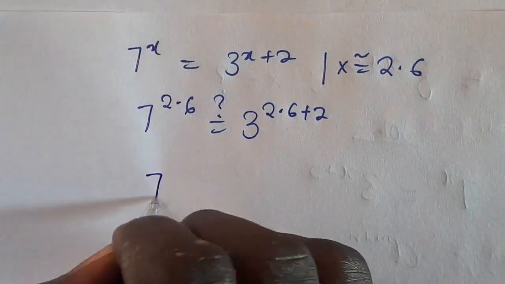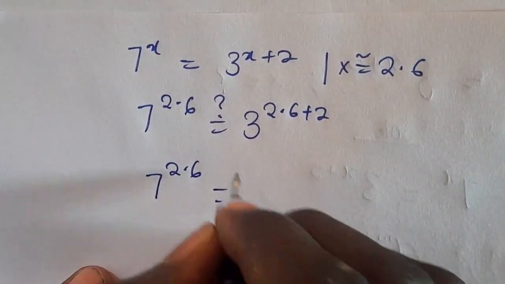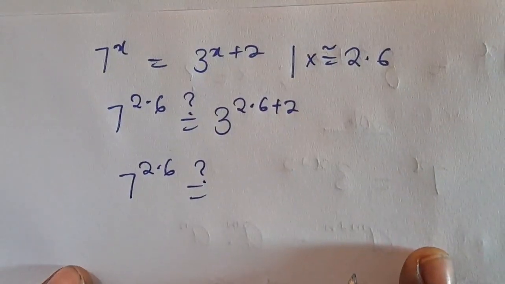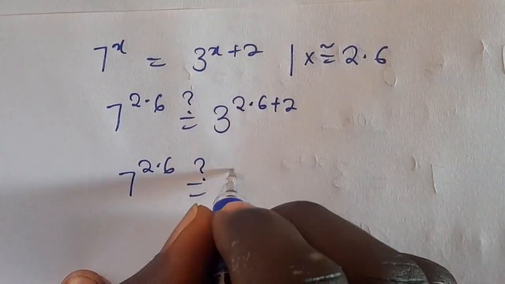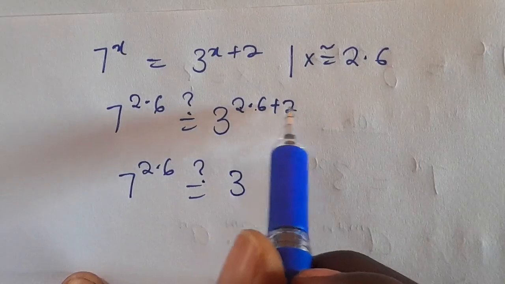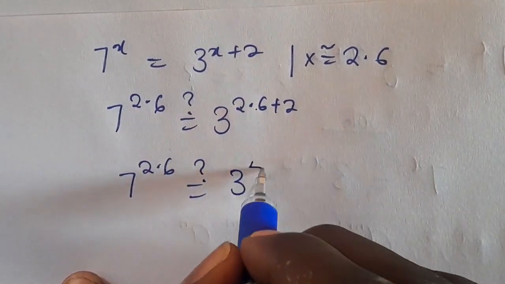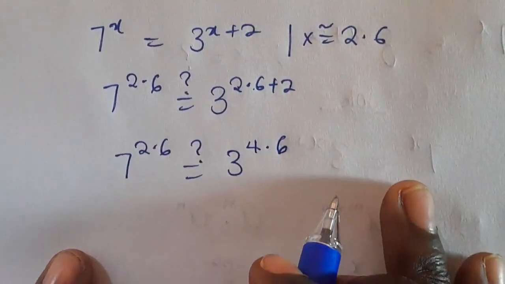Then we have here to be 7 to the power of 2.6. Then is it going to give us 3 to the power of 2.6 plus 2, which will be 4.6.